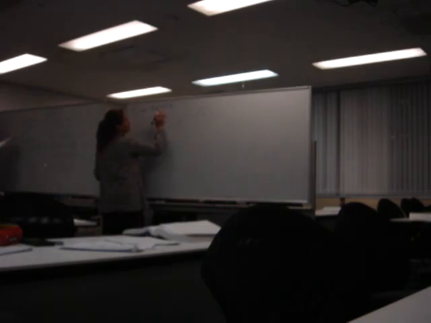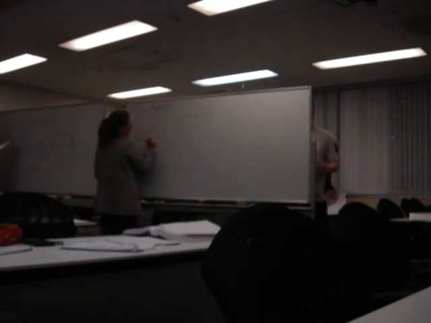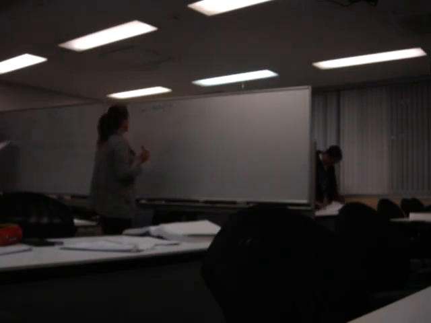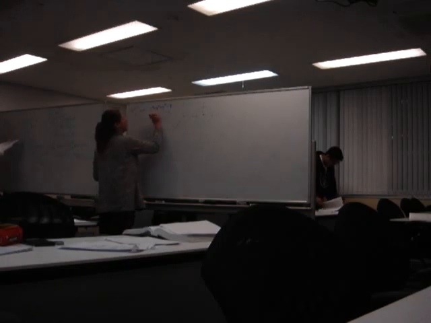Now, this goes up forever. So r squared plus z squared equals 20 is a sphere inside one inside the cylinder, r equals 2.